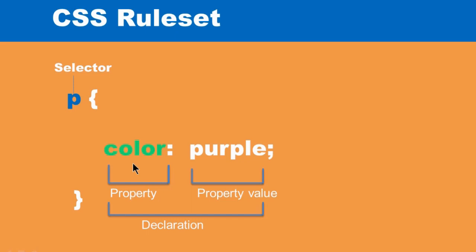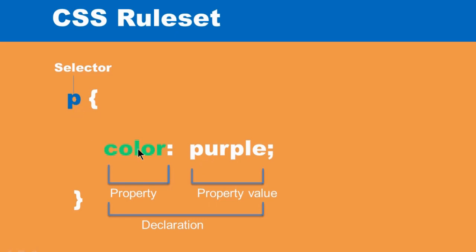Okay, so the color is referred to as a property, and then you use a colon. It's very important. You have to separate the property from the property value with a colon. You can see this colon here. Once you've indicated the property, then you have to give it a value, and this is known as the property value. In this example, I'm styling the paragraph tag, which is this P here, which is a selector.